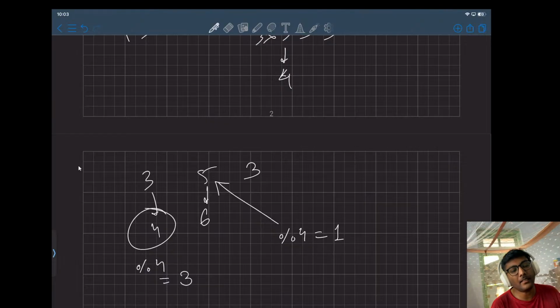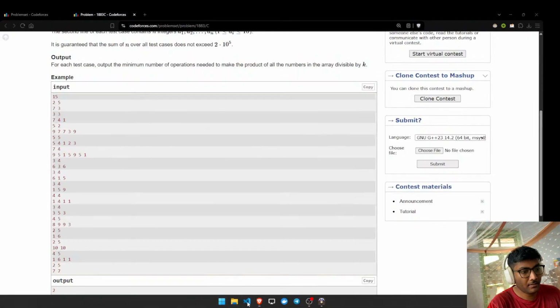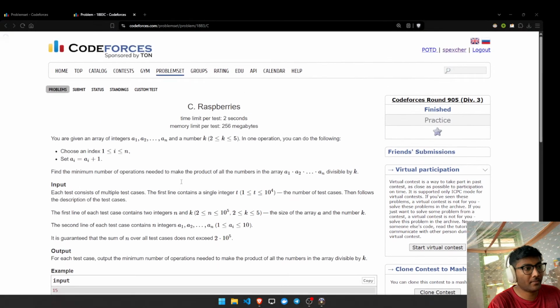Now, if any of them I find modulo 4 equal to 0, I am done. If at least one element has modulo 4 equal to 3, then my answer is 1. Otherwise, my answer is 2. I think this is the right course of action. Let's try to implement this now.